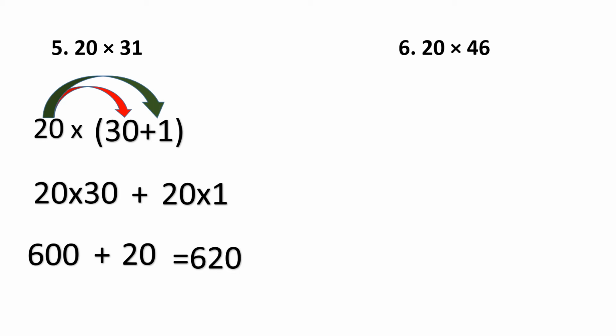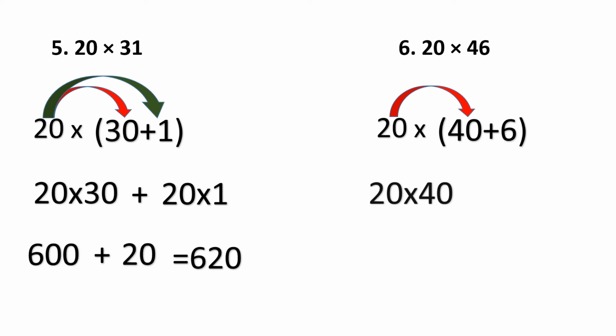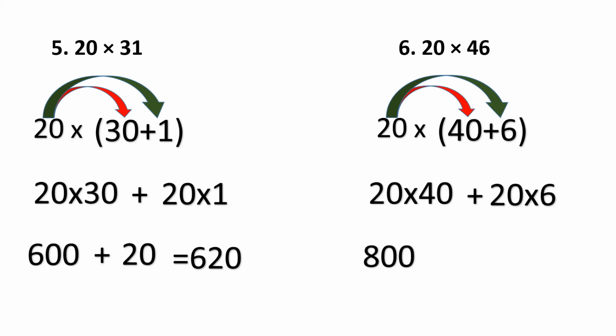For number 6, we again keep 20 as it is, break 46 into 40 plus 6. Distribute: 20 times 40 plus 20 times 6. Well, 20 times 40, two zeros out, and 2 times 4 is 8, plus 2 times 6 is 12, push the 0 out, 120. The sum equals 920.